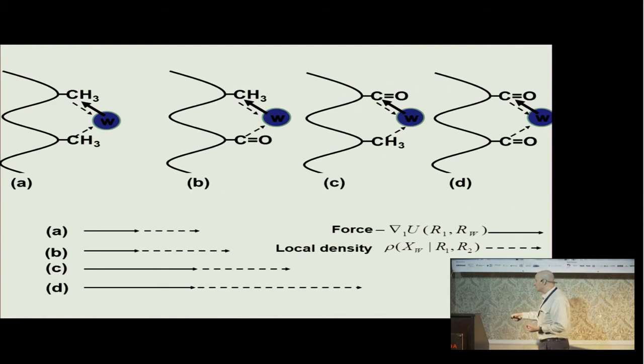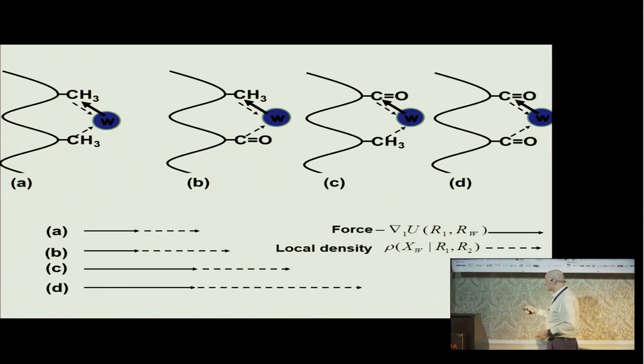So the local density will be larger. Now, once you have a hydrophilic group here and a hydrophobic group, the density will be as here. On the other hand, the force exerted by a water molecule on the hydrophilic group will be much larger.